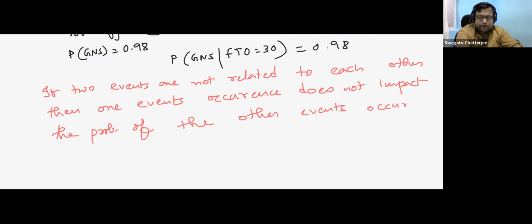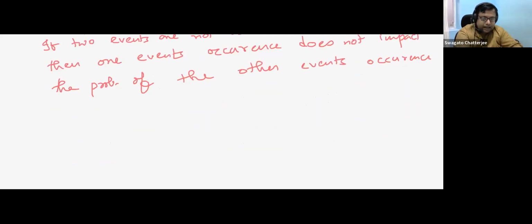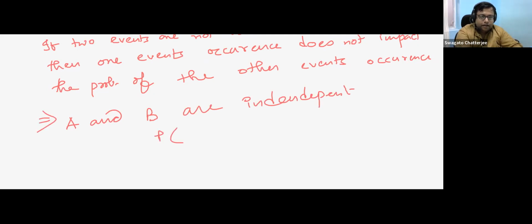In other words, if A and B are not related or independent, then P of A given B and P of A are the same thing. So whether B occurs or not, A has nothing to do with it.